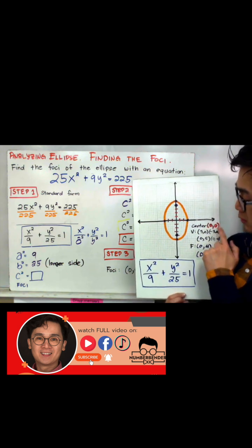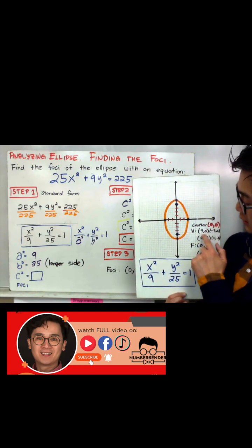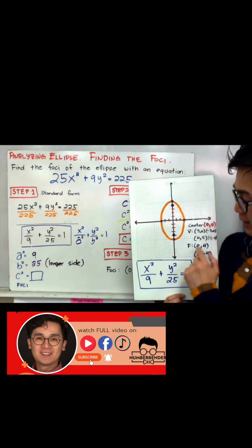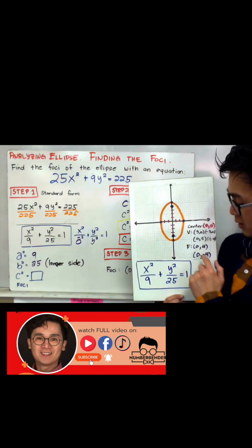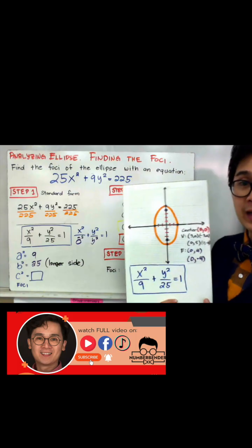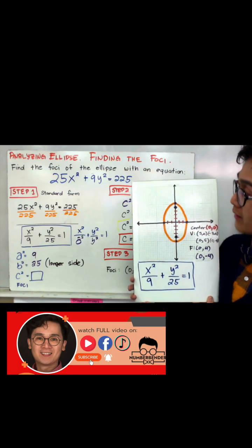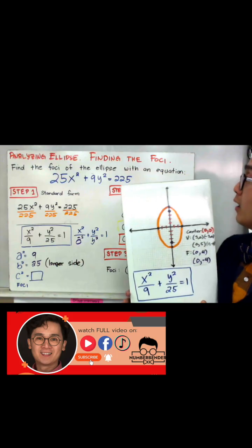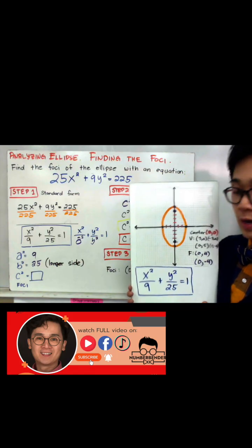The center is at (0, 0), the vertices are at (3, 0), (negative 3, 0), (0, 5), and (0, negative 5), and the foci will be at (0, 4) and (0, negative 4), because it's along the major axis. This is how we graph our ellipse by finding the foci of the given equation of an ellipse.